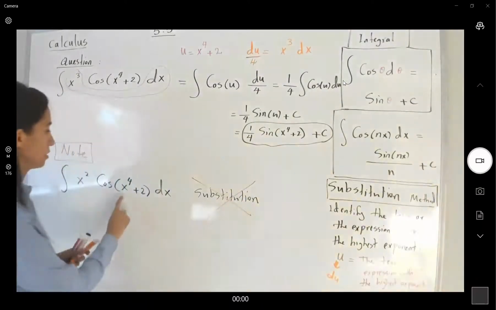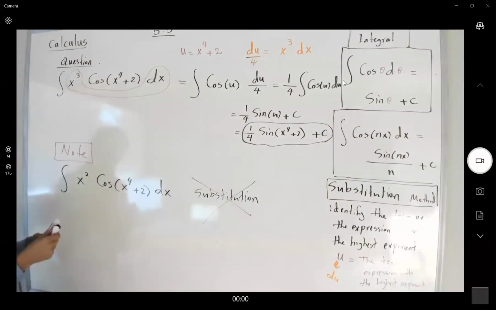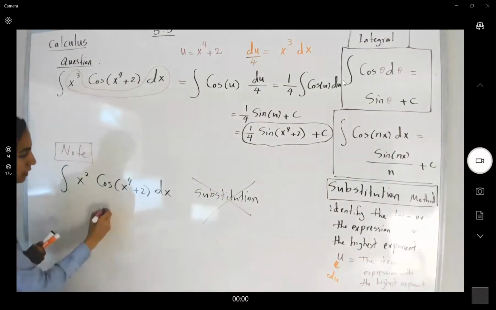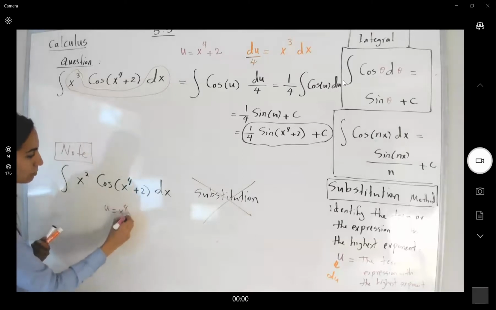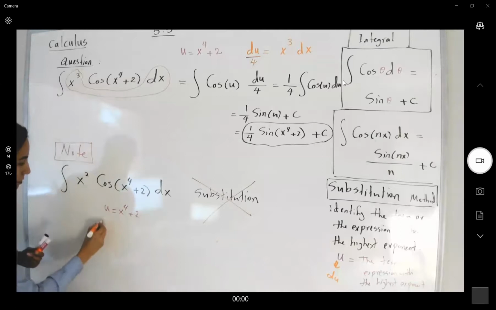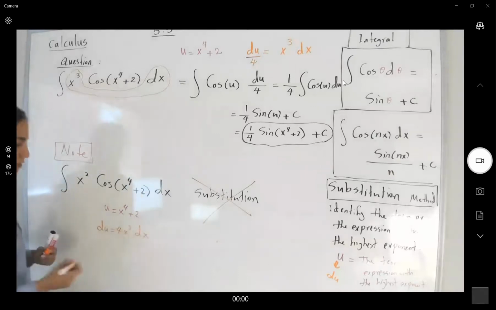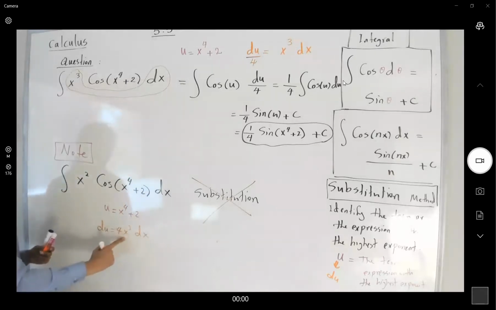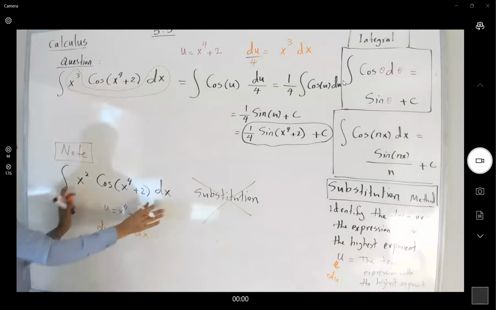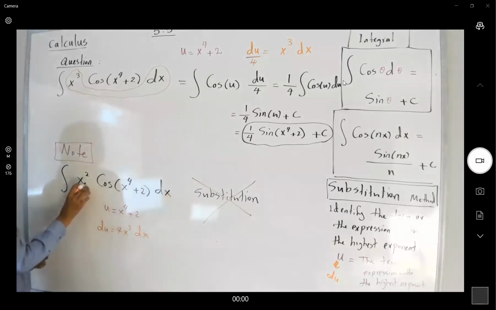Because in this case, you identify the term or expression with the highest exponent and say that u equals x to the 4th plus 2. So du is equal to 4x to the third dx. x to the third dx must be here, but you don't have x to the third, you have x squared.